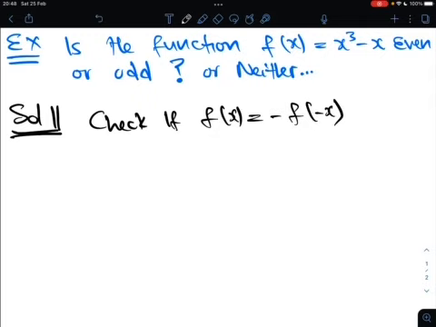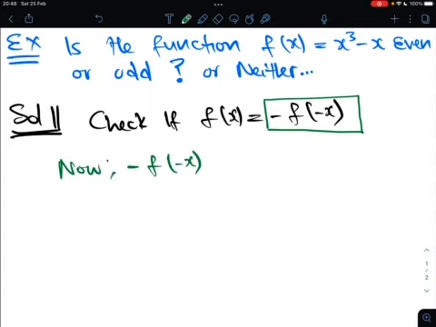To do that, I already know what f of x is, so my main focus now will be to check what f of minus x is. It is the same as saying minus x cubed minus minus x, like that.